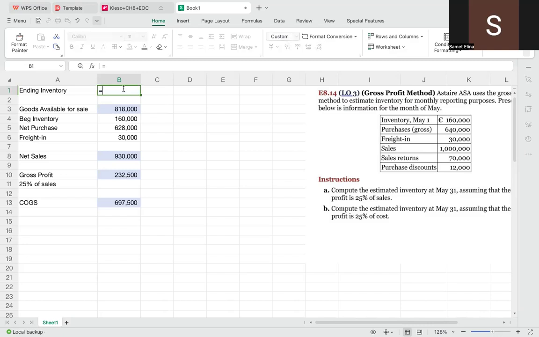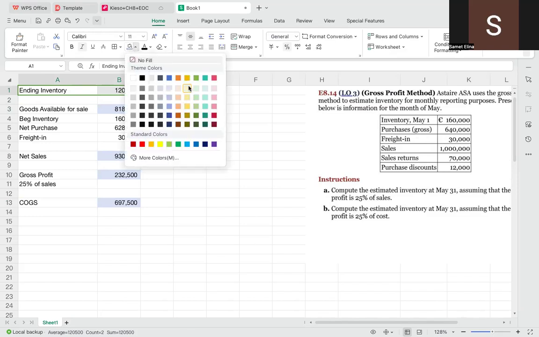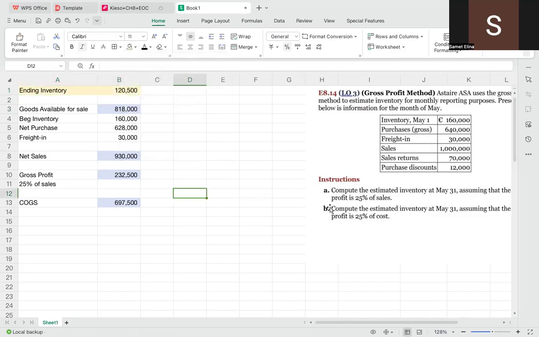So our ending inventory will be 818 minus 697,500. This is our ending inventory, the final result for A. Let me write it here, ending inventory A, so we won't be confused.